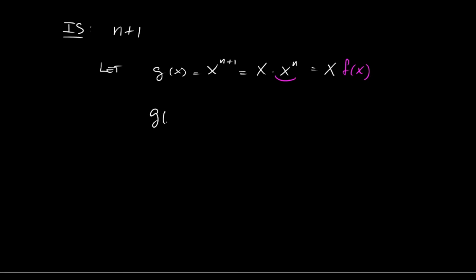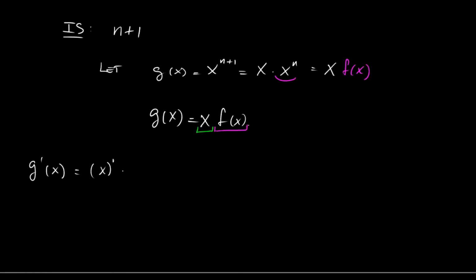Okay, so g of x is x times f of x. And we're gonna calculate g prime. We're gonna use the product rule we just proved, that is the derivative of the first element, because we have here the product of the function x times the function f.